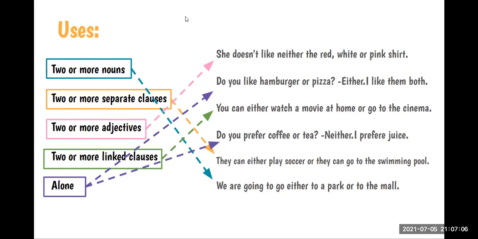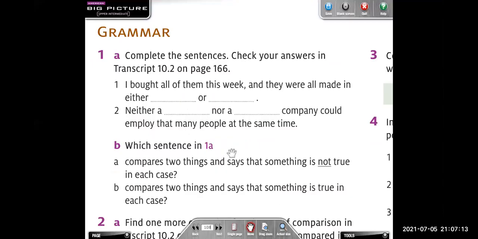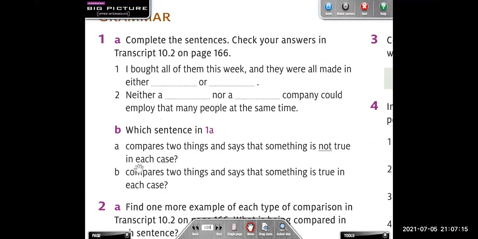Okay, so we are going to complete and do some other exercises so we can understand better. Okay? So, which sentence, vamos a completar de nuevo esta para que la tengamos acá. In China or in Taiwan, right?